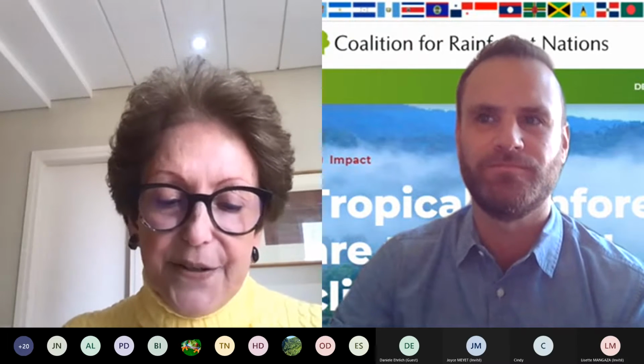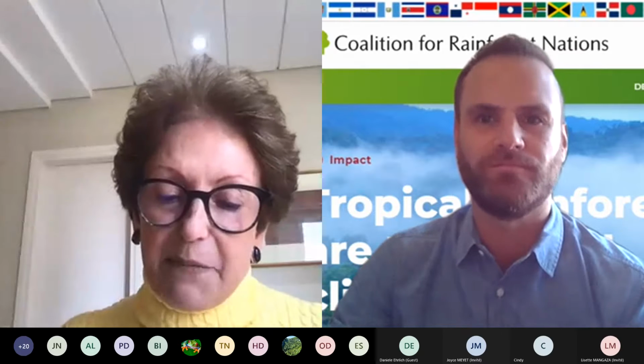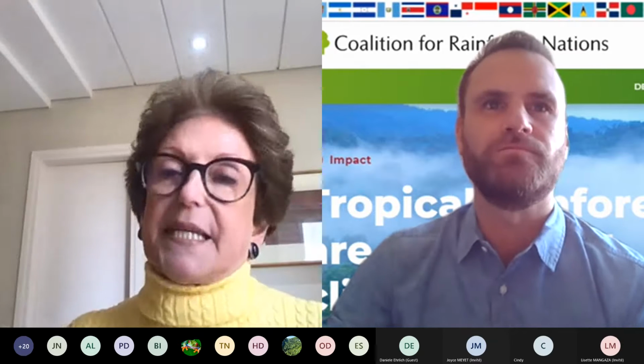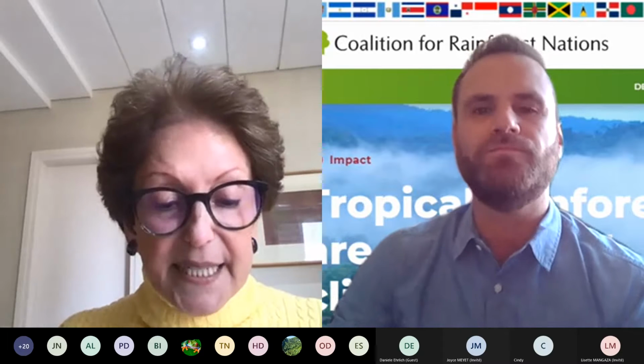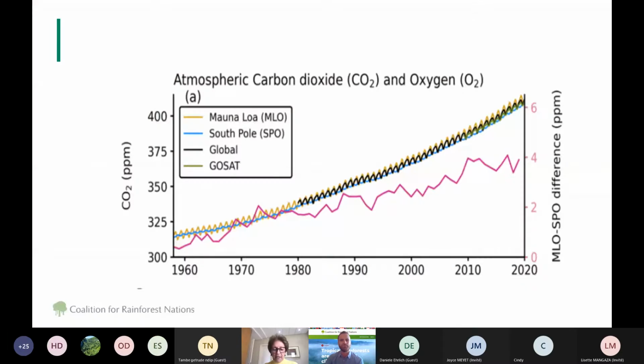So look at the figure in this slide that comes from the just released IPCC report you have mentioned. And this slide is now stretching the atmospheric CO2 concentration data up to 2020, so it's quite recent. So pay attention only to the curve that is steadily increasing, not the red one, okay?